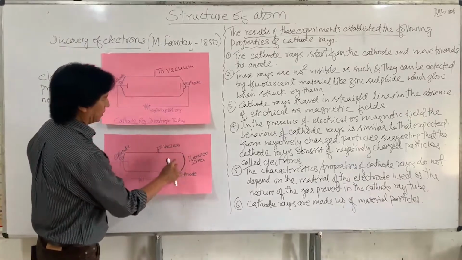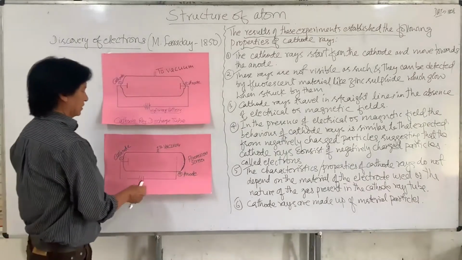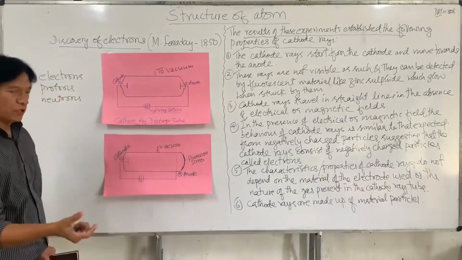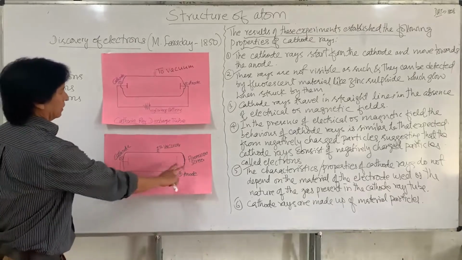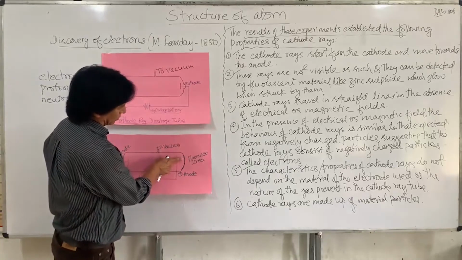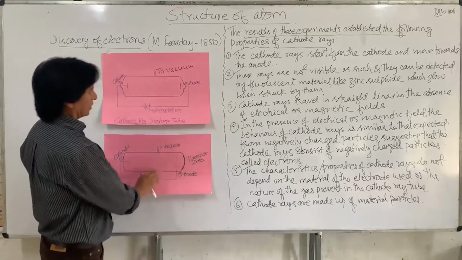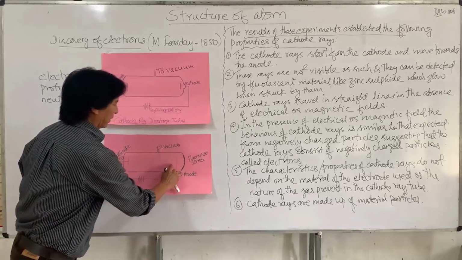This is the fluorescent screen here. Once again, when the set is switched on with a gas at a very low pressure and a very high voltage of electricity, they start seeing small sparks or flashes of light on the tube, right behind the anode.